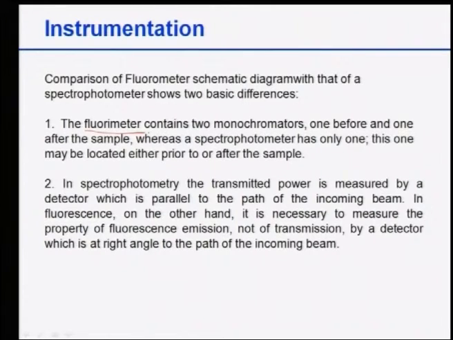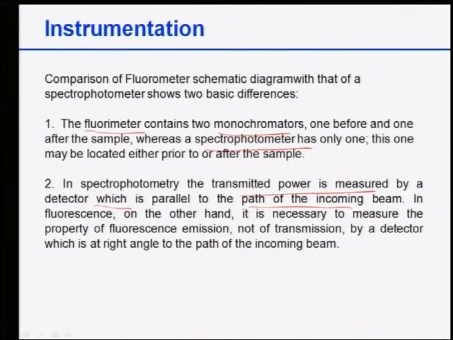It contains 2 monochromators, one before and one after the sample, one for absorption, one for fluorescence, whereas a spectrophotometer has only one, which may be located wherever you want. In a spectrophotometer the transmitted power is always measured by a detector which is parallel to the path of the incoming beam.